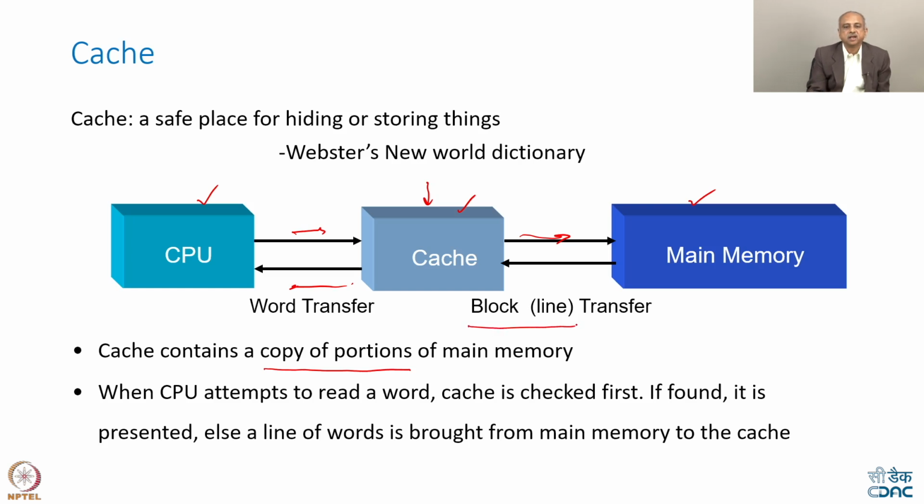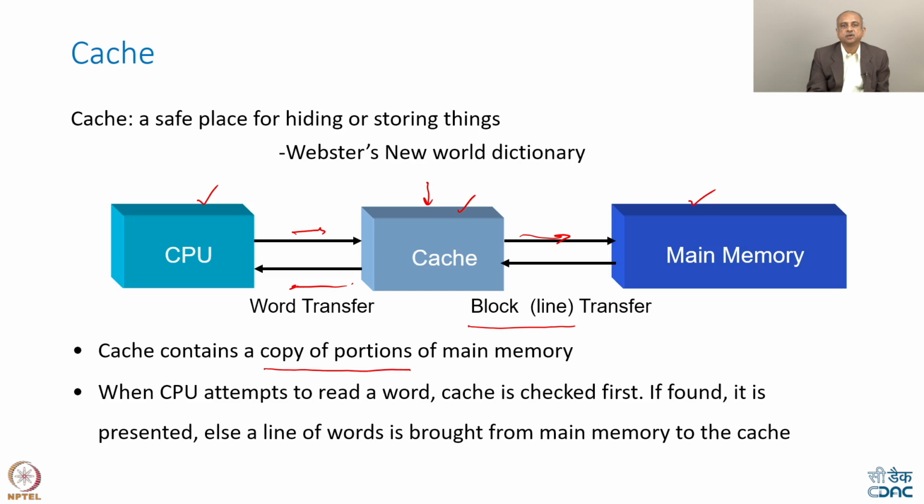A block is a collection of words. Like, the CPU is trying to read a 32-bit word, whereas in this case 4 or 8 32-bit words would be transferred from the main memory to the cache. The reason for taking a block of data is the principle of locality.